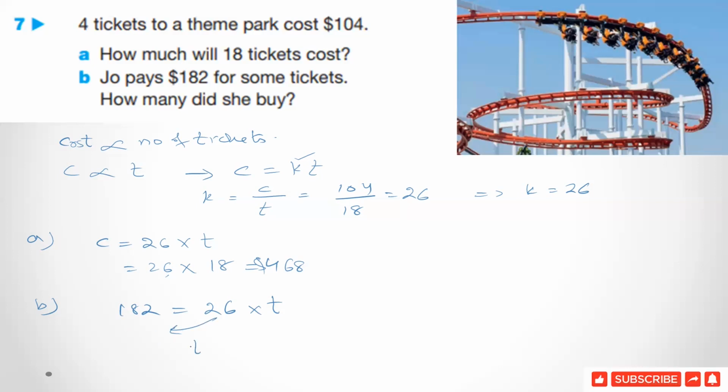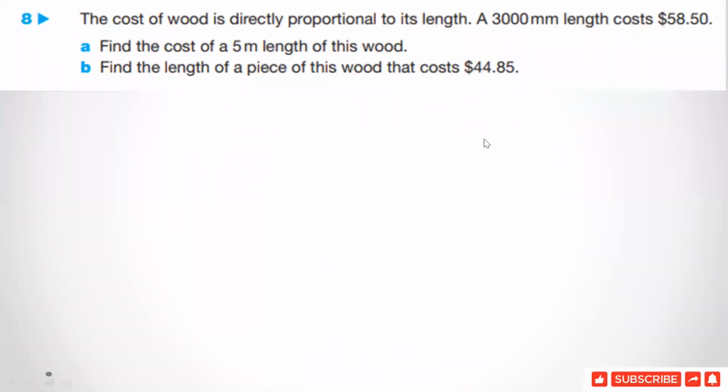So I will get T is equal to 182 divided by 26. So if you divide, what you get? I got 6.92, which is approximately equal to 7, right? So this one is your answer.